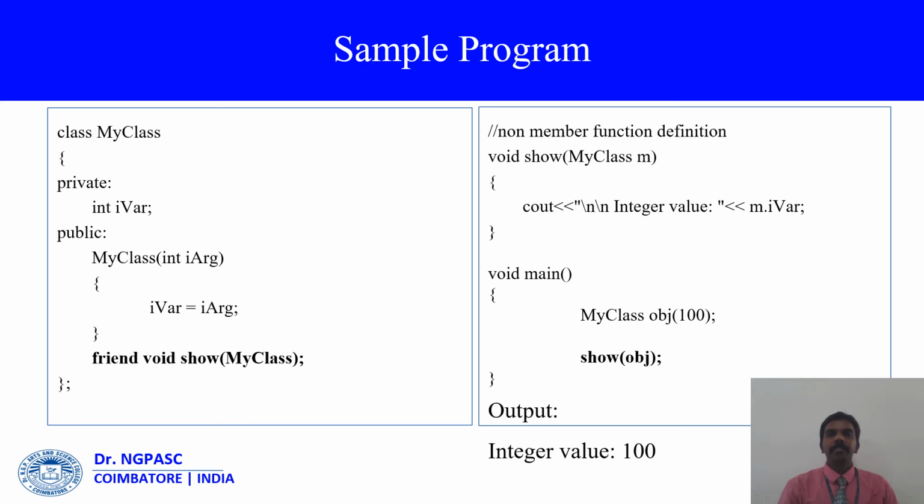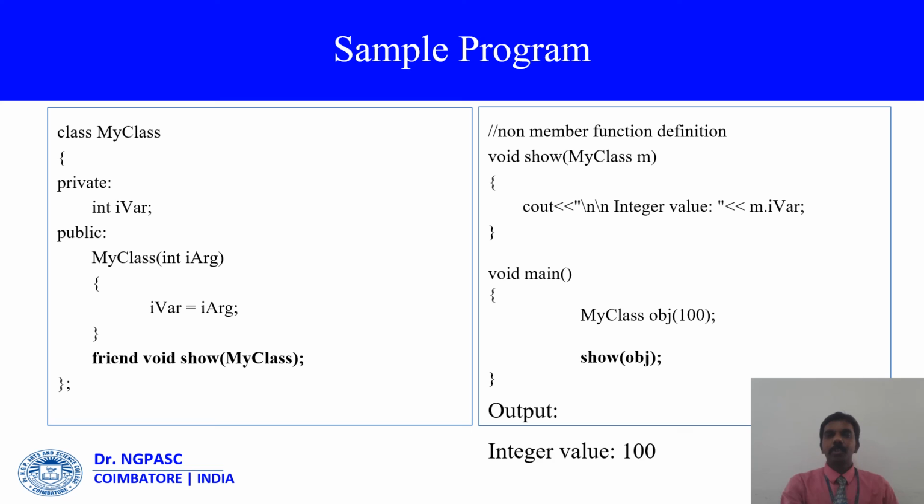In the main function, we instantiate the class MyClass by passing 100 as an argument value, so that 100 gets assigned to ivar. In the normal function call statement show(obj), we pass the object, the instance of MyClass, as an argument. So the non-member function show will be invoked.